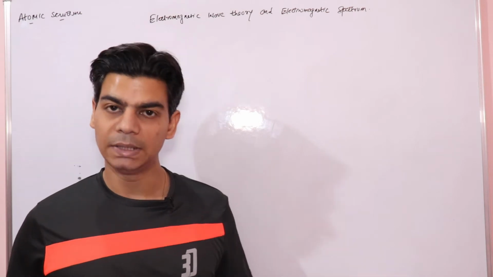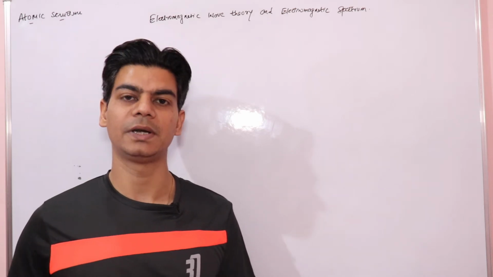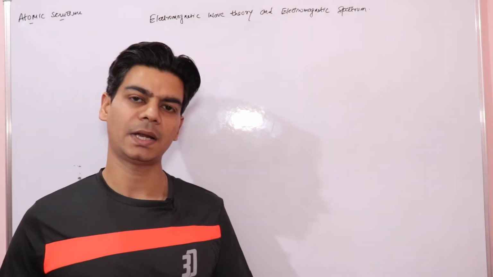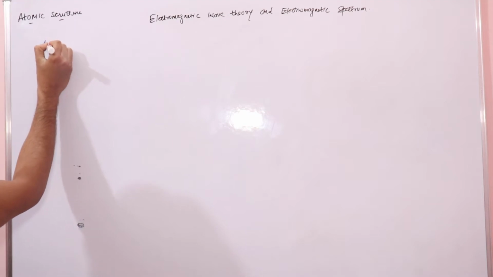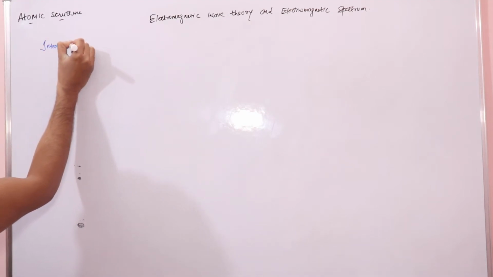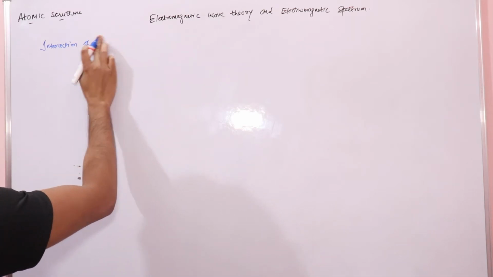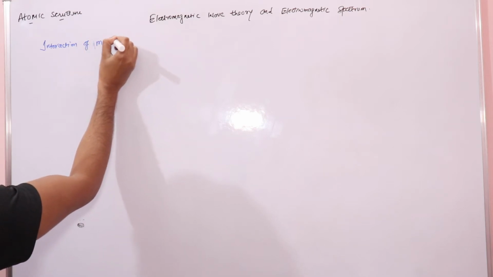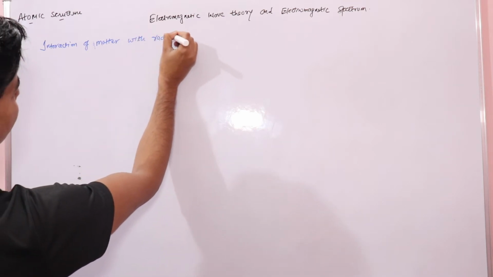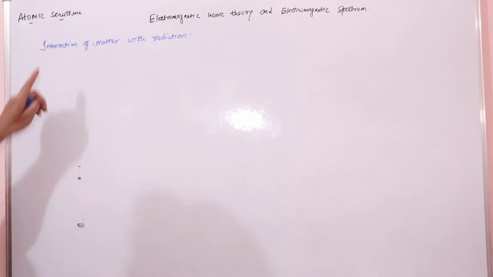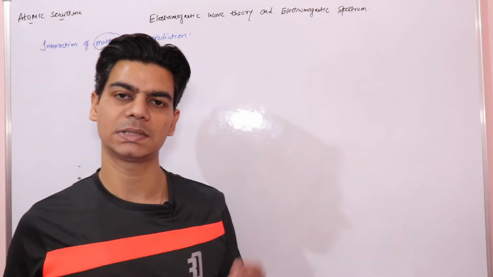Now scientists in the early days tried to understand how these radiations, heat radiations and light radiations, interact with matter. Matter is any substance, and any substance is made up of atoms.